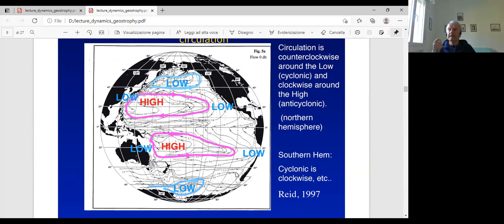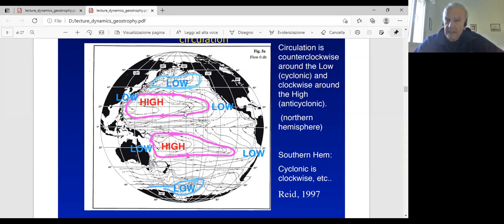Okay, so this is one of these examples which gives us the distribution of the geostrophic flow in the world ocean, in the Pacific Ocean. As we have seen also from sea surface maps, we have a low sea level in mid-latitude, then a high sea level in the subtropics, another high in the other subtropics, and a low in mid-latitude again.